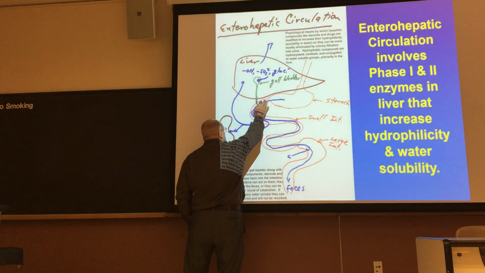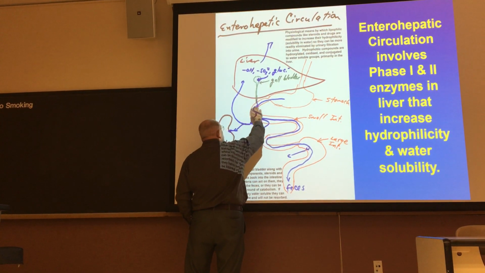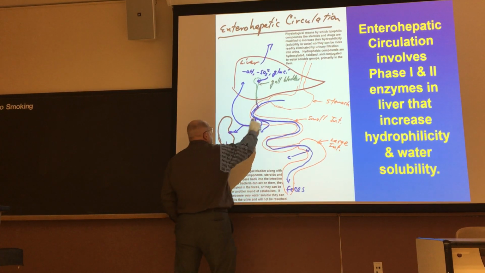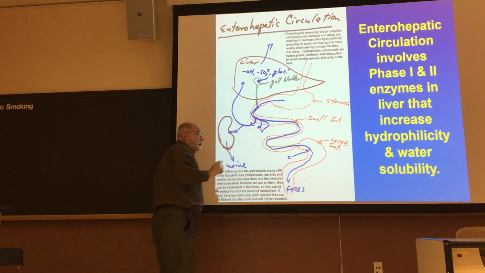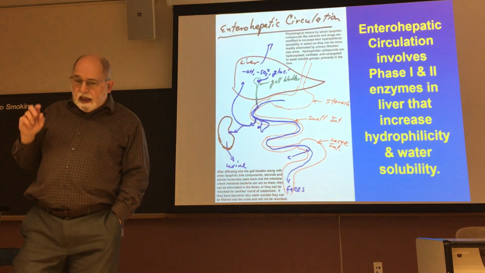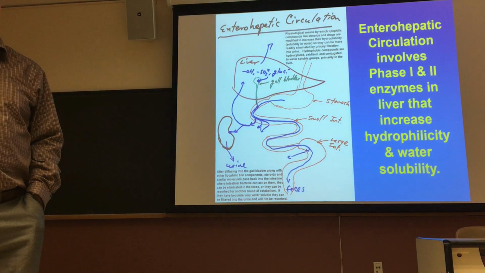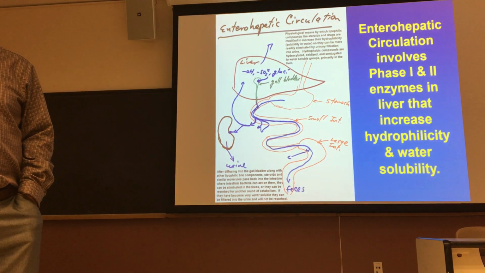So this mixture of contents of the stomach, contents of the gallbladder, and there's one other thing that's not shown here. It's the contents of the exocrine portion, that is the non-endocrine portion of the pancreas.